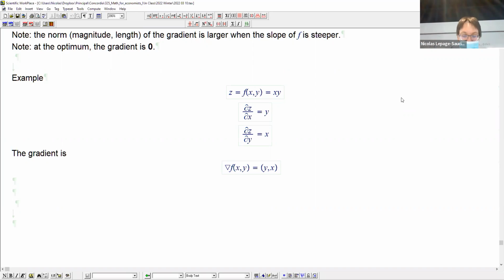So, for instance, I could evaluate the gradient at 1, 1. So that points to, if I have my cup of glass, it's going to look like this.